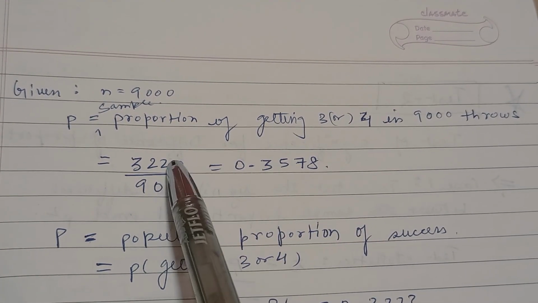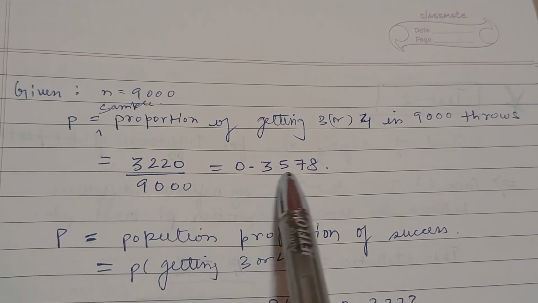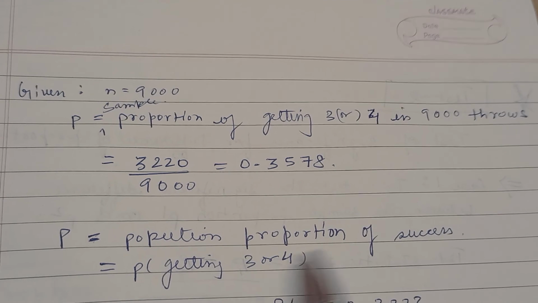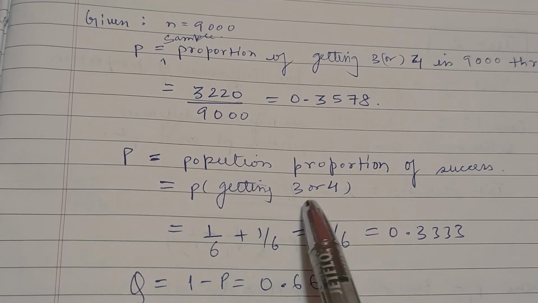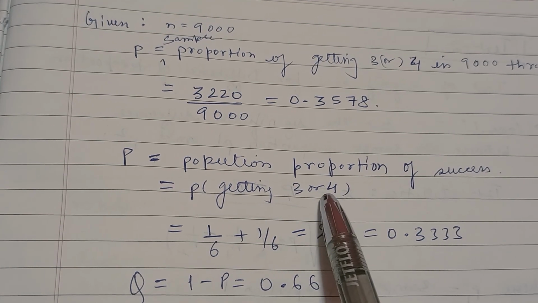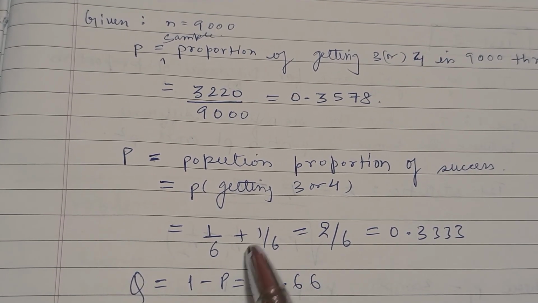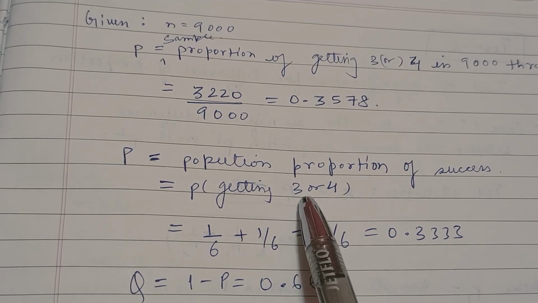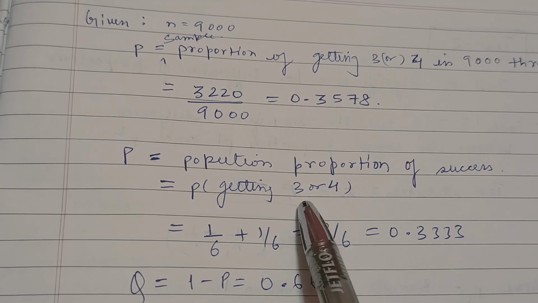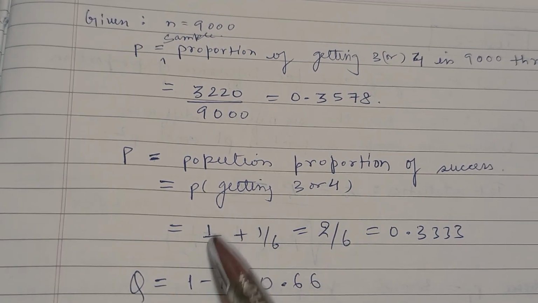We have been given 3220. 3220 divided by 9,000 would be 0.3578. What is the population proportion of success, capital P, of getting 3 or 4? In a die, there is only one face with number 3, so that is 1 by 6.